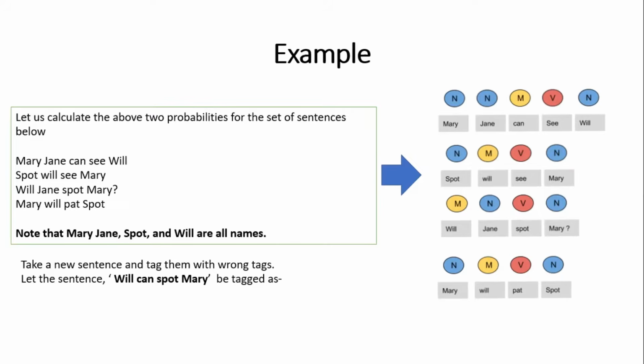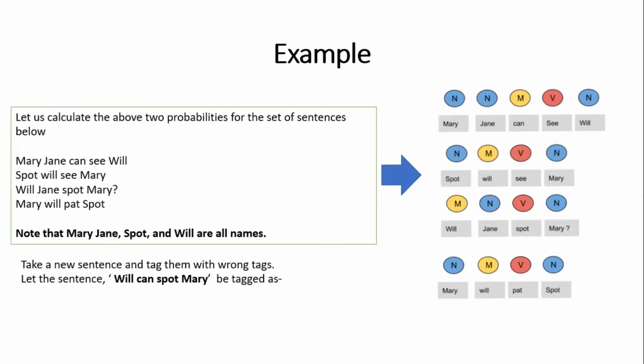Coming to emission probability, it is the probability that quantifies the possibility of making a particular observation given a defined state. Suppose in this example, we need to find out how many times Jane appeared as noun and how many times Mary appeared as noun. If you take a sentence like I love artificial intelligence, then I would be a pronoun.